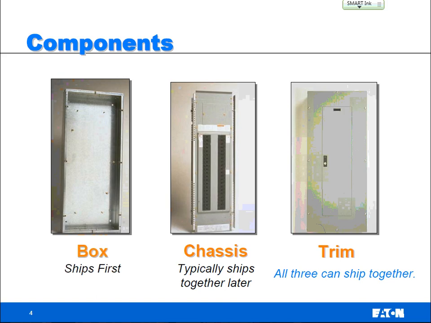Those bolts are actually the circuit breakers bolting directly onto the A, B, and C bus bars. You can see there's insulation here. This happens to be a plastic insulation. There's also folks who use some type of paper insulation. There are a bunch of different ways you can do that.